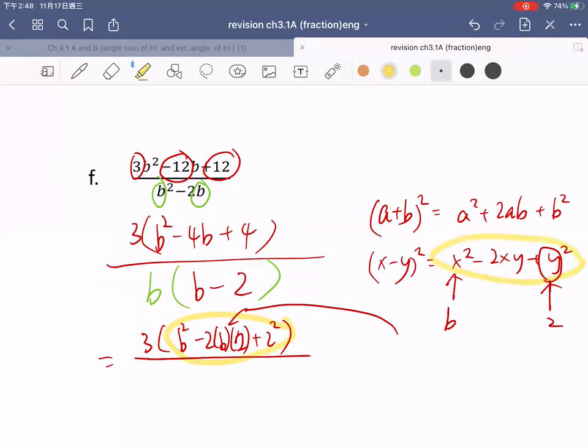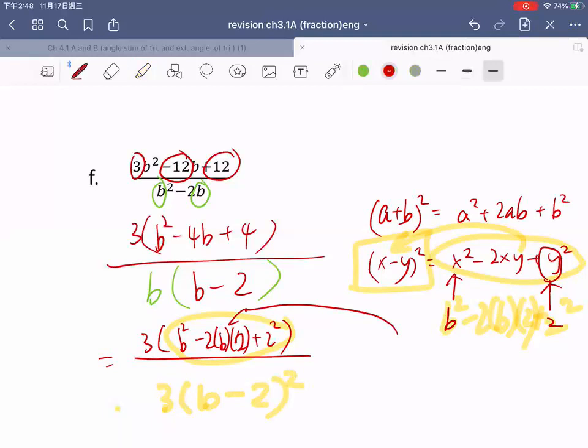So once you obtain this pattern, which is b squared minus 2 times b times 2 plus 2 squared, you can change it back. It's b minus 2 bracket squared, right?